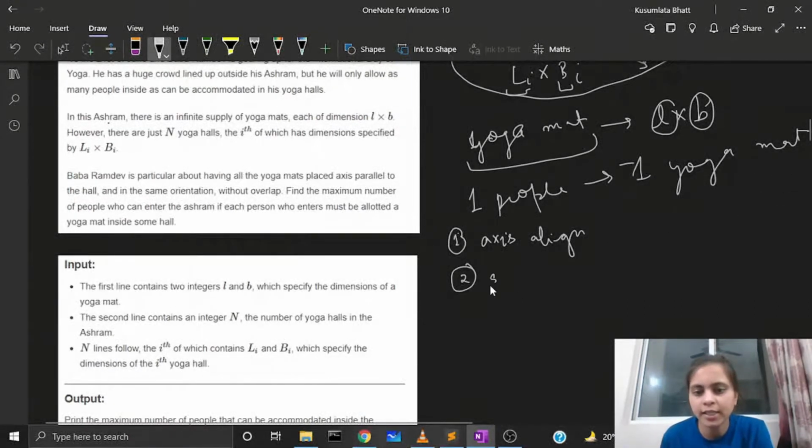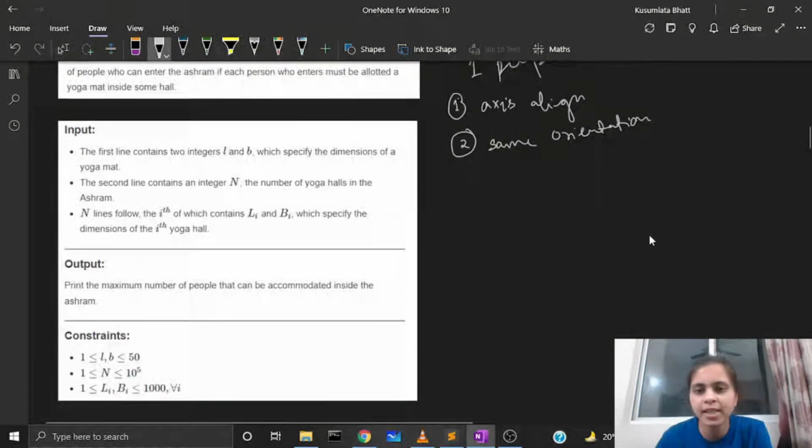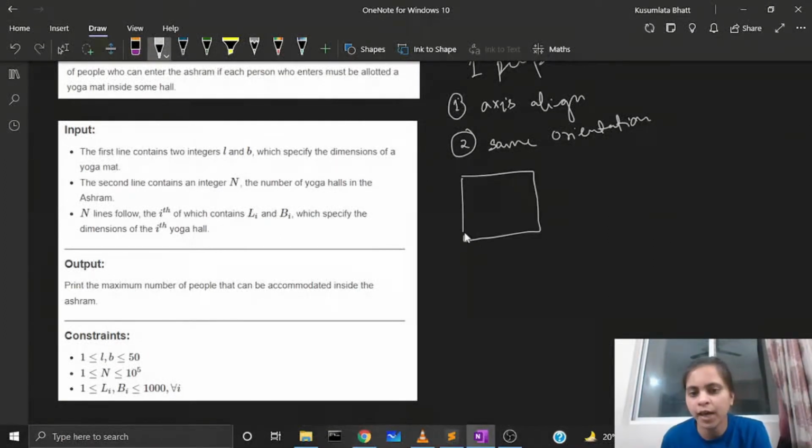and they should lie in the same orientation. Now what does the term axis aligned depict here? Axis aligned means that if we have n dimensions, then the object we are keeping in the dimension should be parallel to all those dimensions. So in simple words, if we have a yoga hall, then we can put the yoga mat across its length and breadth, or as breadth and length.